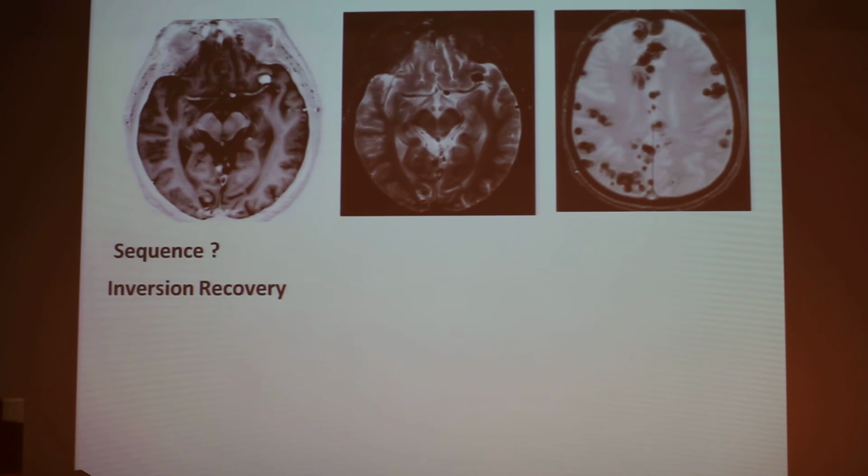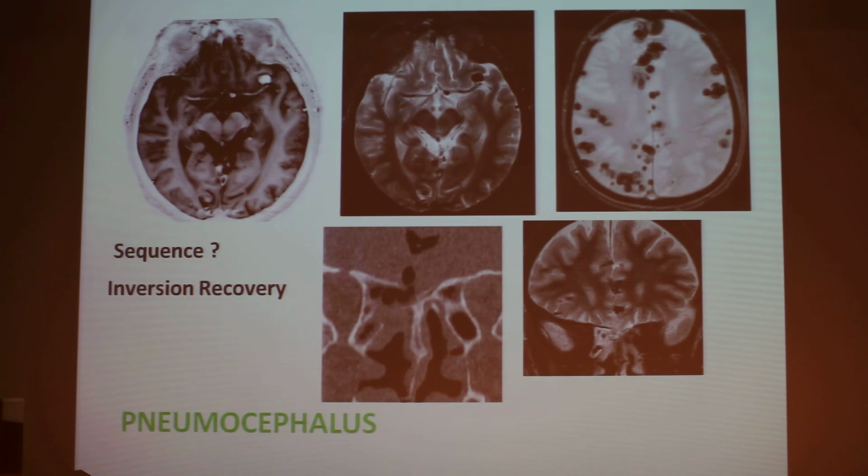This is a demonstration that you can't interpret an MRI if you don't have any story. And you have to get the story of the patient. And this patient had a trauma, and it is air. Just air, you see. And CT is very good to see the fracture of the base.